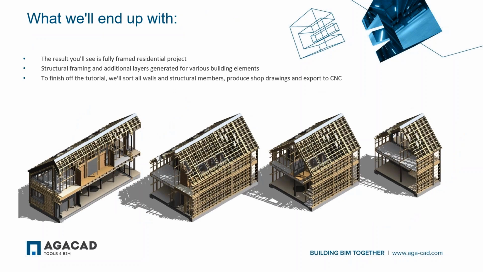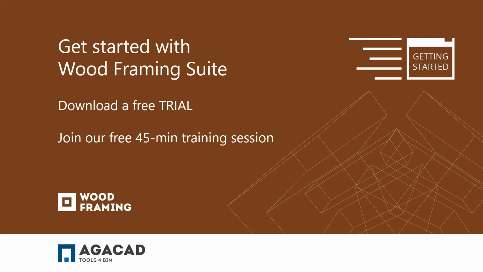We're going to attempt to frame most of our residential project within Revit. We're going to distribute structural framing for roofs, walls, and floors, and finish off the tutorial. We're going to create shop drawings, and we're going to export one of the roof panels to a CNC machine. I'm just going to show you how the export works.